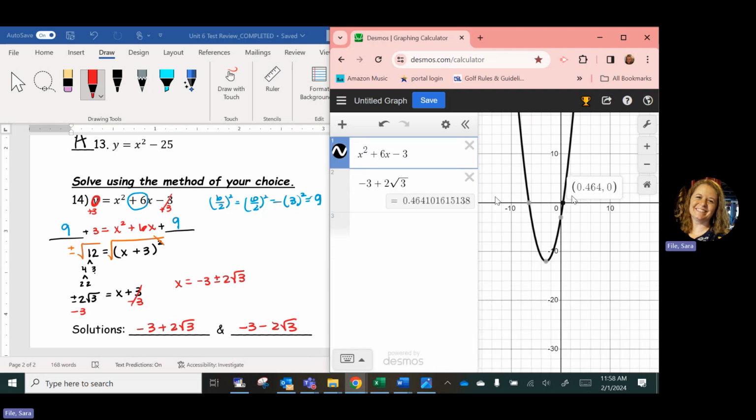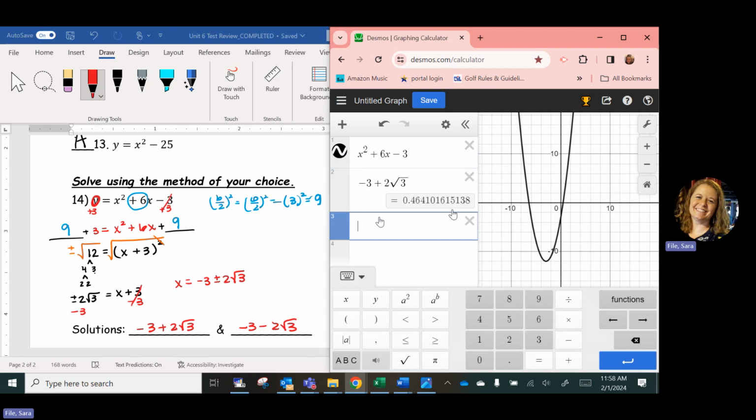It is. Now, if you didn't reduce it and you left it as negative 3 plus root 12, you'll see that's the same decimal, okay? So if it was multiple choice, if this is what you got and that's not an answer choice, check your answer choices and see which one matches what you got. Or if it's multiple choice, you don't even have to bother.